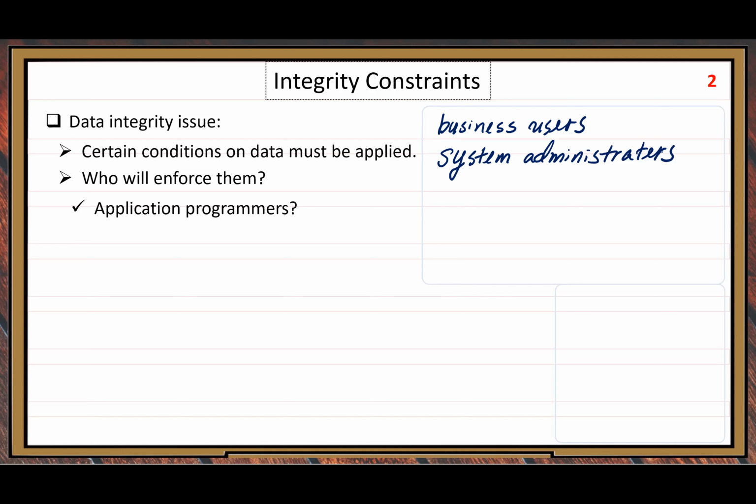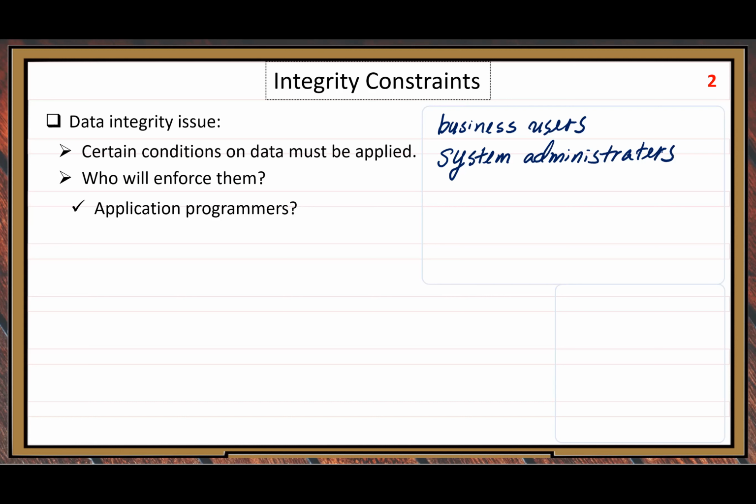The business users and administration managers need to access certain data, but usually they do not work on the data directly. So they ask system administrators to access the data following certain requirements. So that's the users.